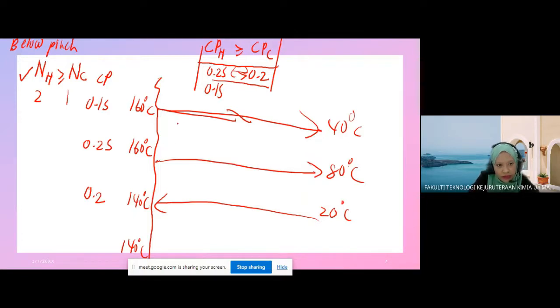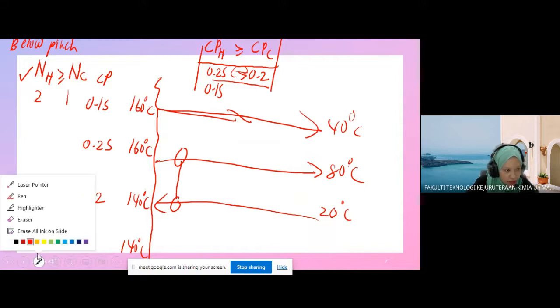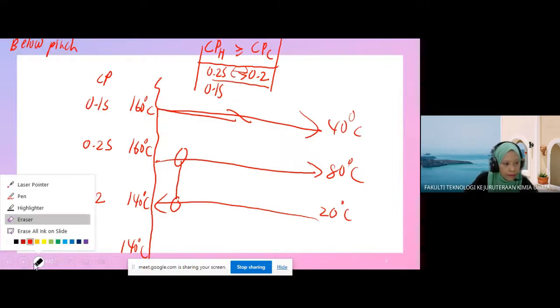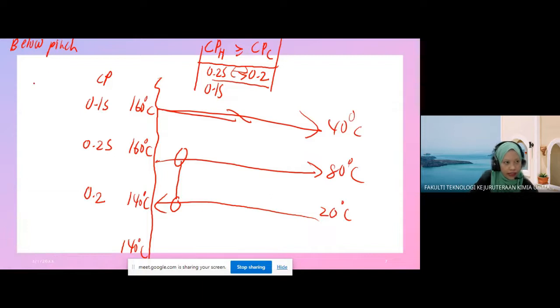Okay, so 0.25 pair with 0.2, and then don't forget to calculate the value of delta H. Okay, the value of delta H. So how to calculate? 0.25 times 160 minus 40.